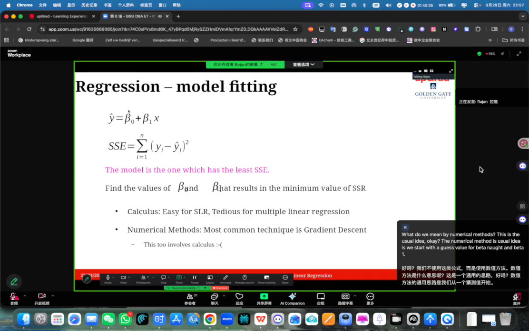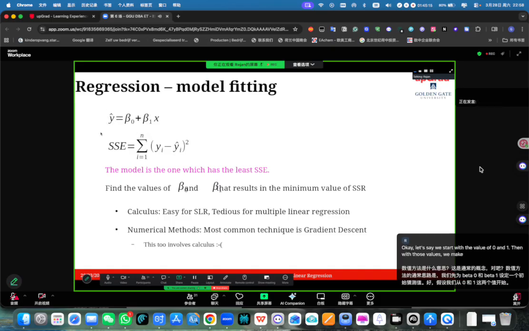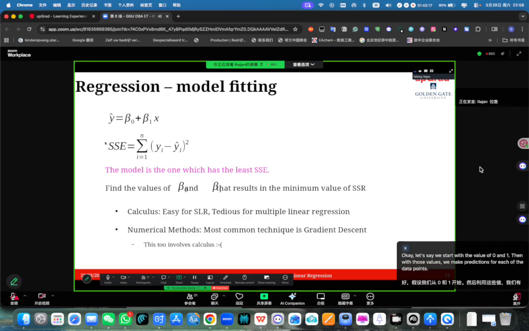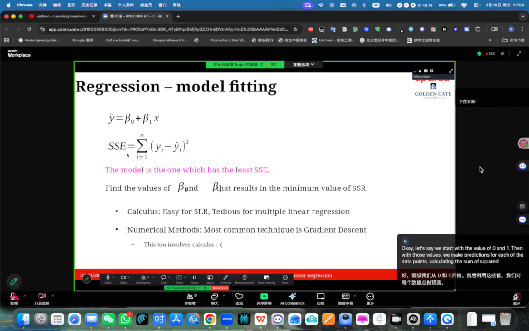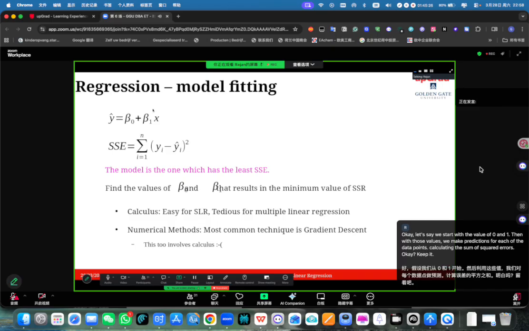Let's say we start with a value of 0 and 1. Then with those values, we make predictions for each of the data points and calculate the sum of squared errors. Keep it. Then we change the values of beta naught and beta 1 slightly, by a very small number, and redo this calculation.